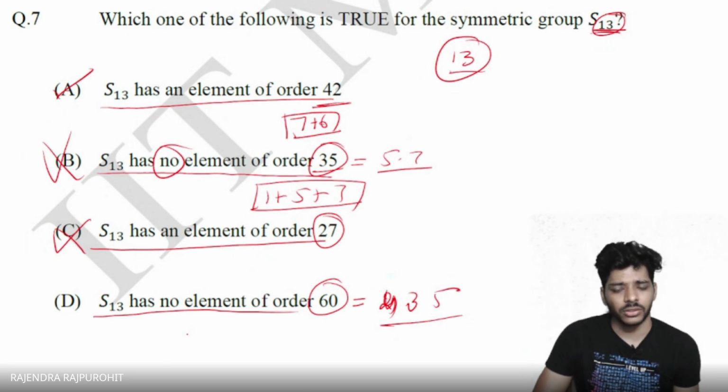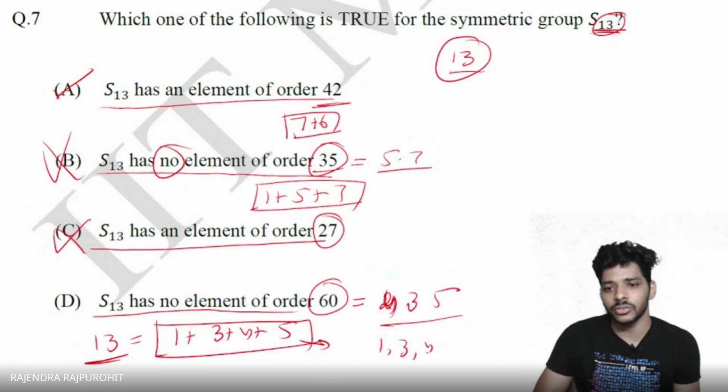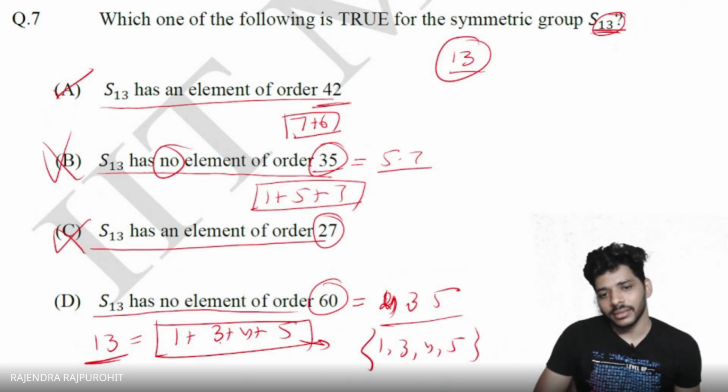Yeah, I can have 1 plus 3 plus 4 plus 5. This is 13, so this is a partition of 13. And if I take the LCM of 1, 3, 4, and 5, I get 60. So there are elements of order 60. And what kind of element will those be? A 3 cycle, a 4 cycle, and a 5 cycle, the product of them.